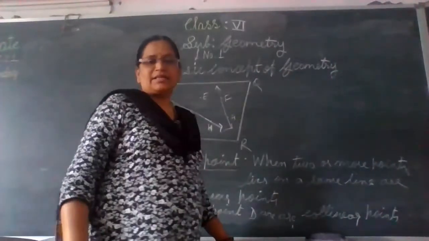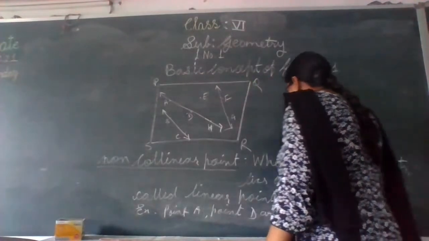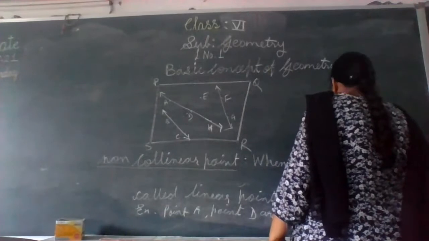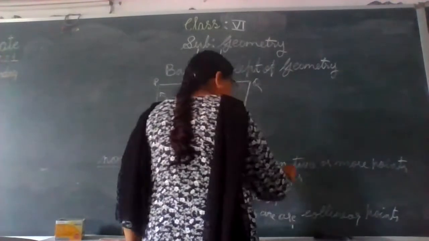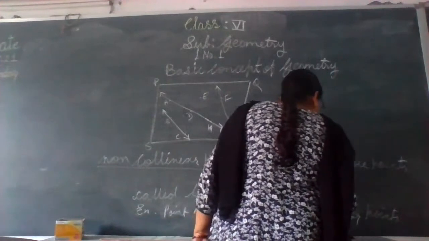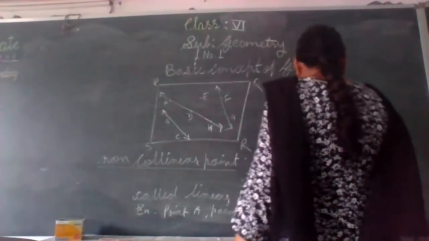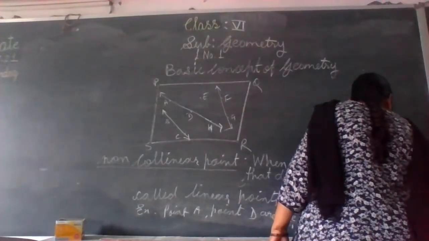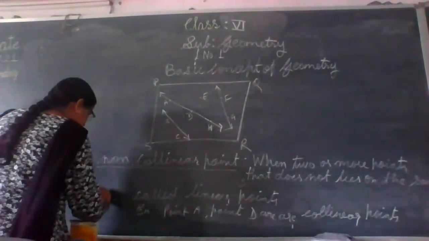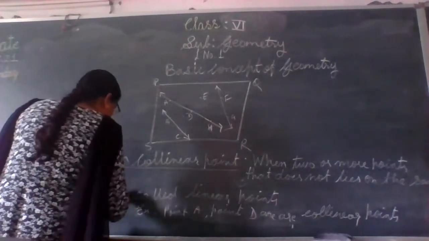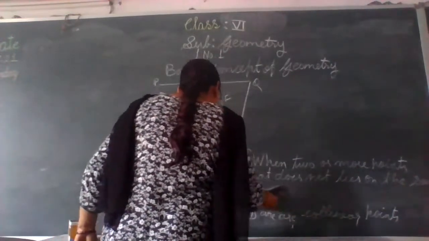When points do not lie on the same line. When 2 or more points that do not lie on the same line are called non-collinear points.